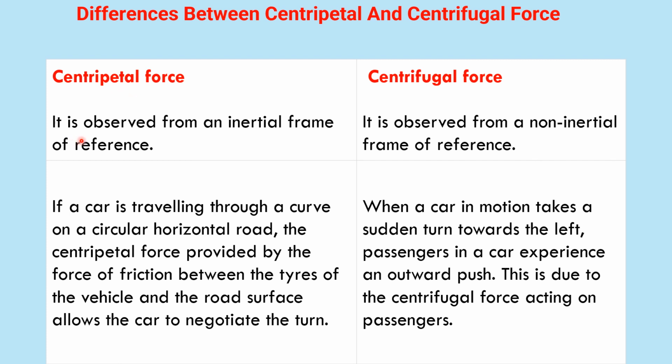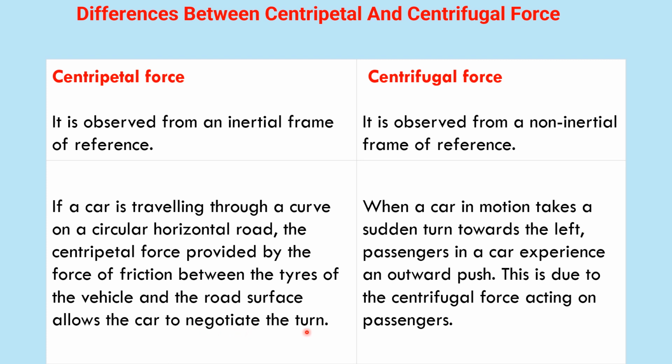Centripetal force is observed from an inertial frame of reference. Centrifugal force is observed from a non-inertial frame of reference. Then if a car is traveling through a curve on a circular horizontal road, the centripetal force provided by the force of friction between the tires of the vehicle and the road surface allows the car to negotiate the turn.